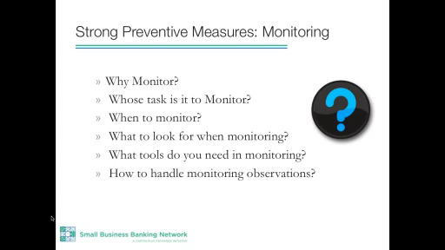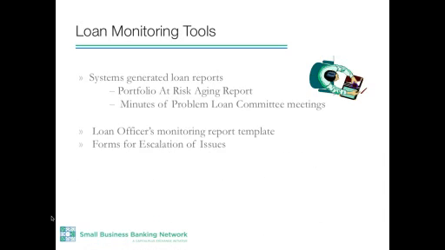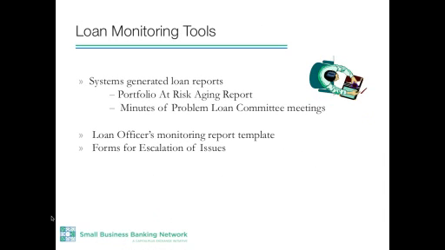Now, what are the monitoring tools that your loan officers must use? First, you have to have simple but clear loan monitoring reports. The loan officer must have a monitoring template. It doesn't have to be complicated, very simple ones, but having all the necessary information that should be contained in their loan, in the credit files.